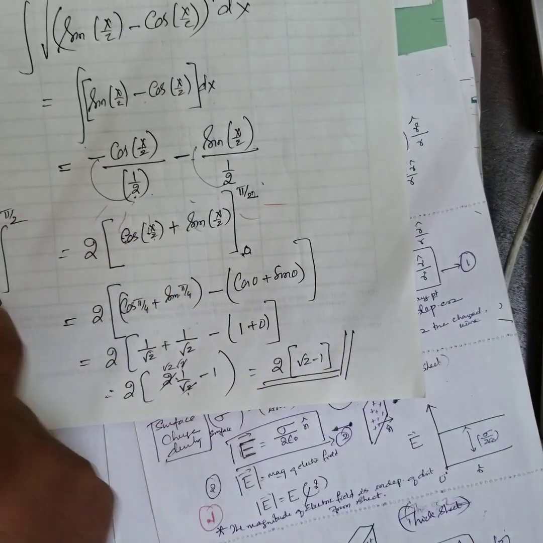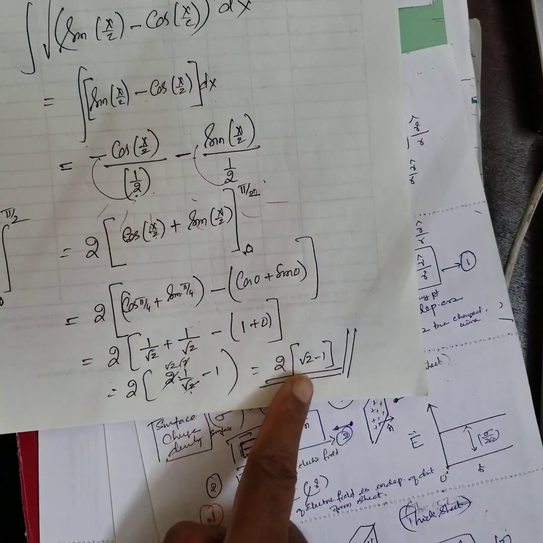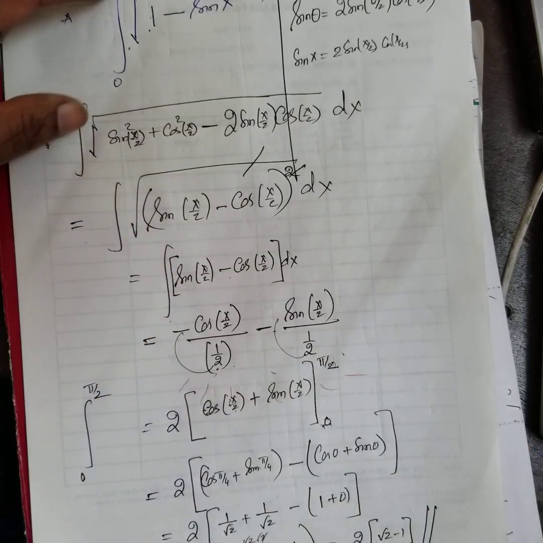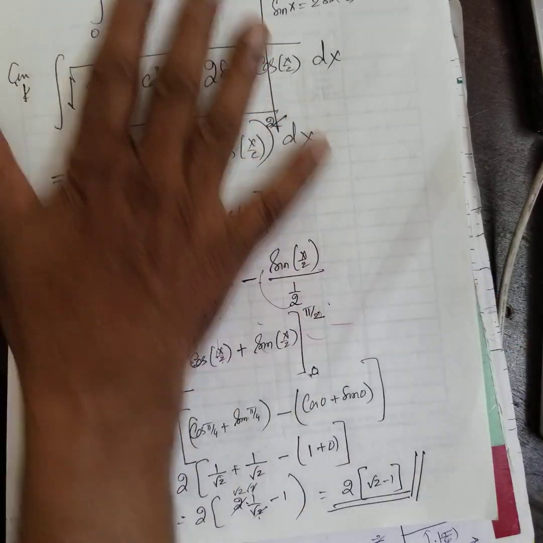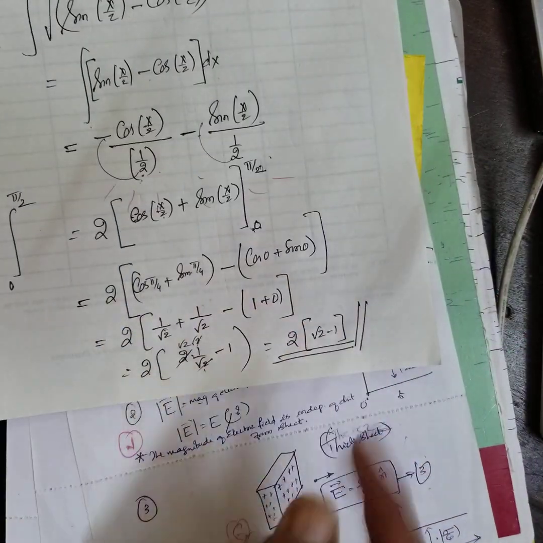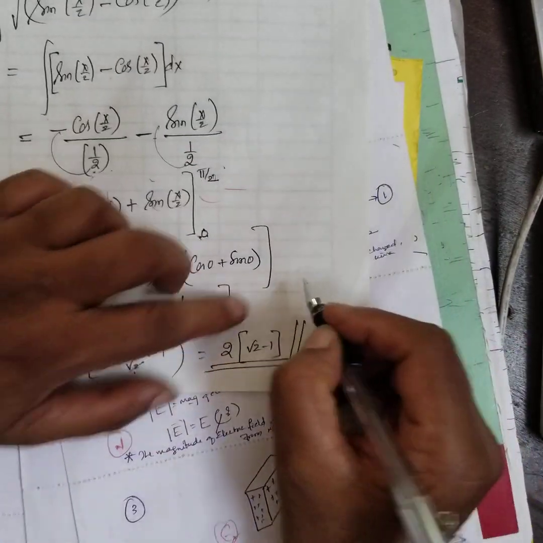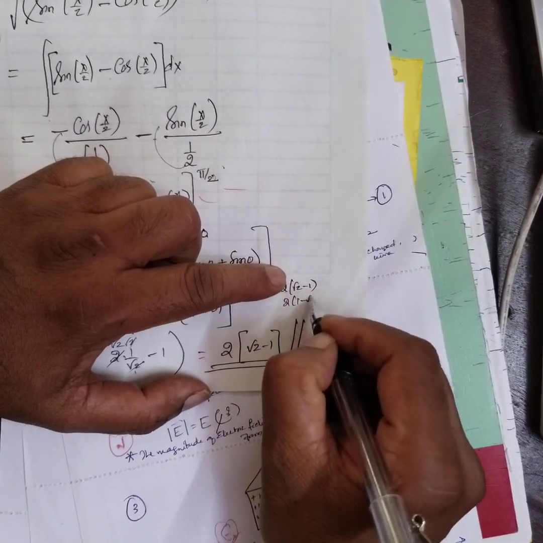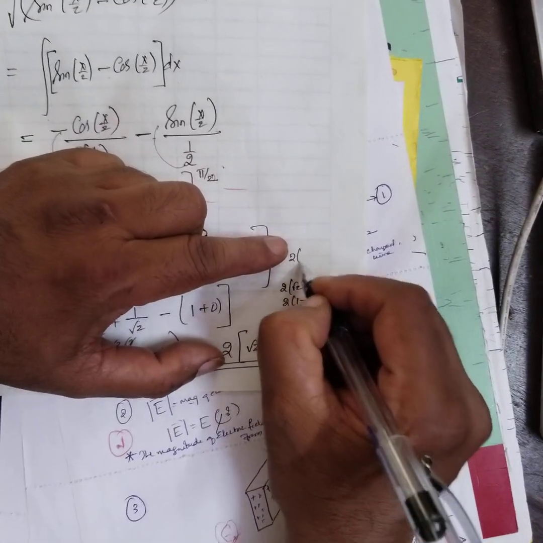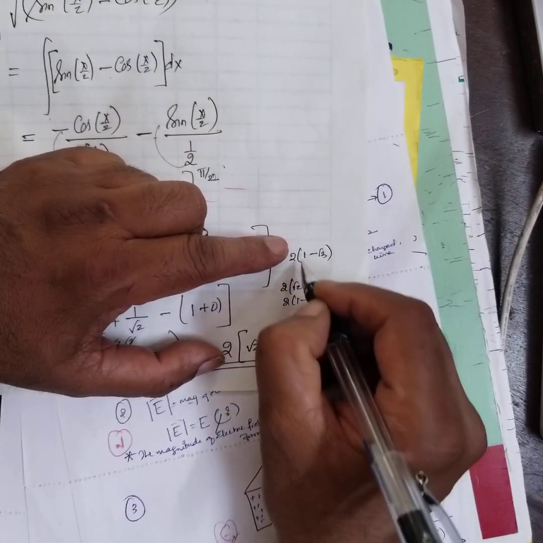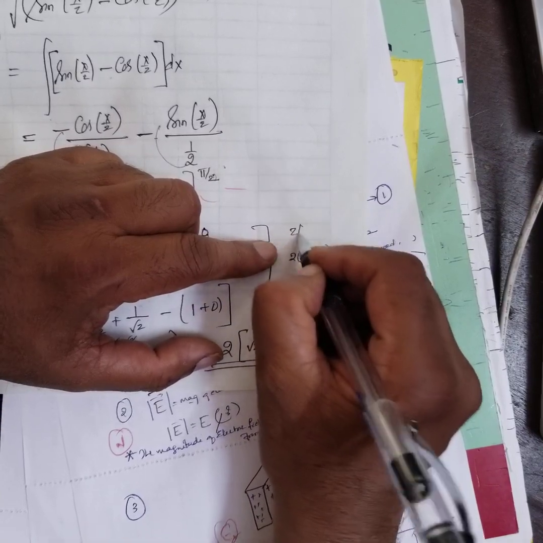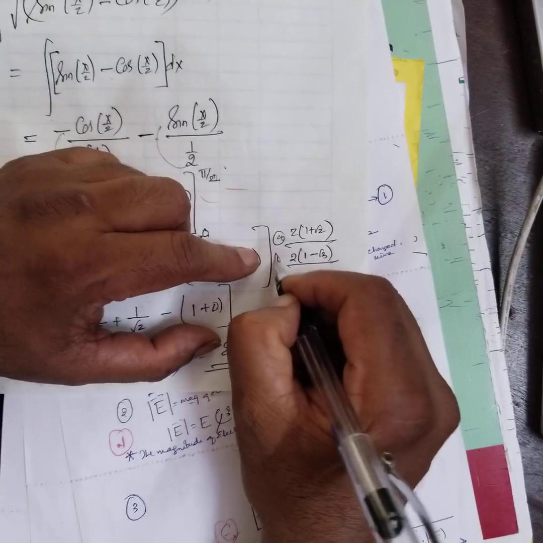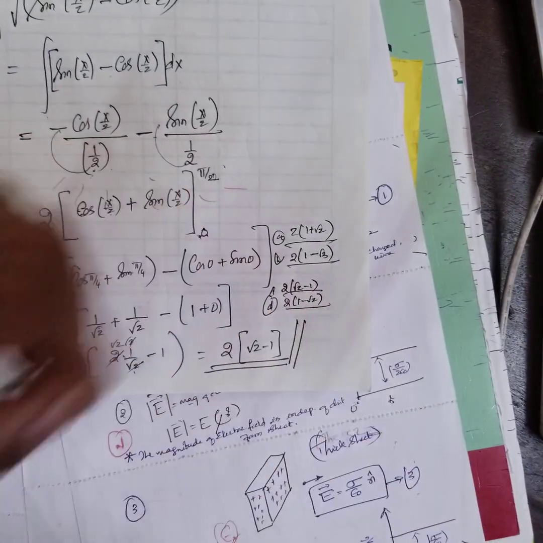See, there will be 4 choices. They will give 4 choices, and this is the correct choice. Do you think you can do all the things in the exam so fast? If you have already done it 2-3 times, you can easily identify. They will give 4 choices: 2 root 2 minus 1, or 2 times (1 minus root 2), or 2 times (1 minus root 3), or 2 times (1 plus root 2). 4 choices A, B, C, D. Which one is the correct one?